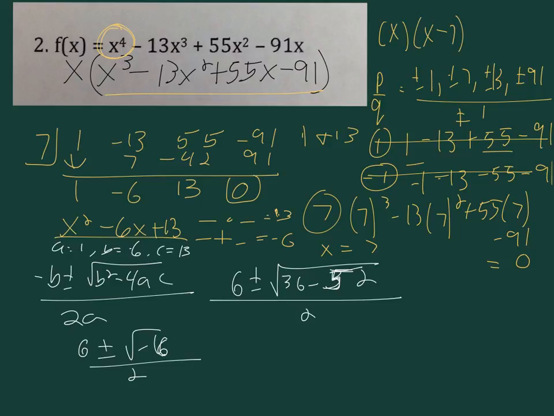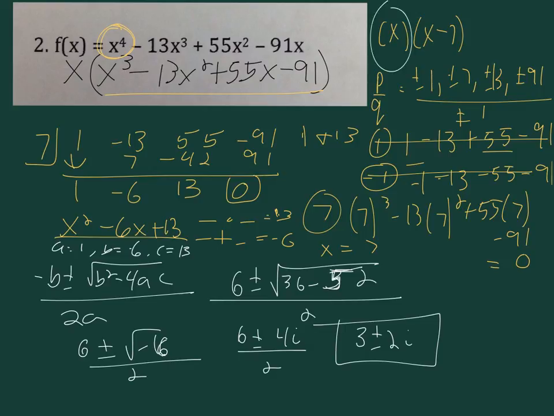So what's happening here is we have imaginary solutions or imaginary roots. So then I could get 6 plus or minus, the square root of a negative 16 would be 4i, and that's divided by 2. So when we simplify, we would get 3 plus or minus 2i. So remember, we're solving these. So 3 plus or minus 2i is one of the solutions.